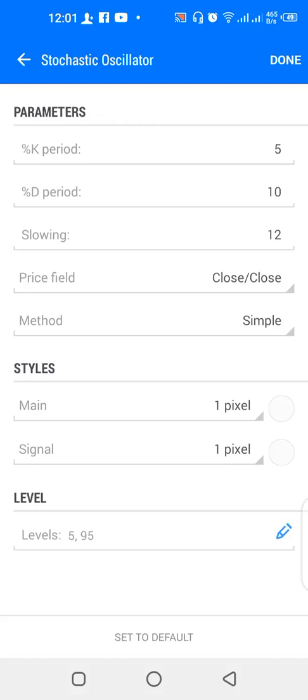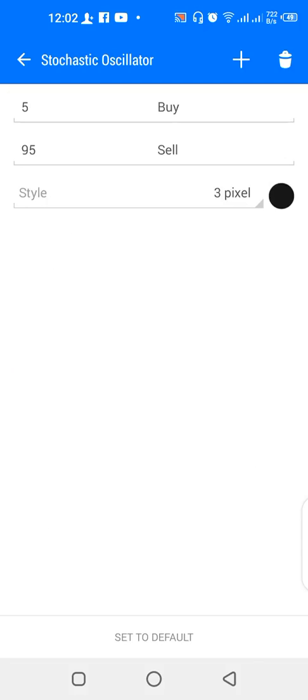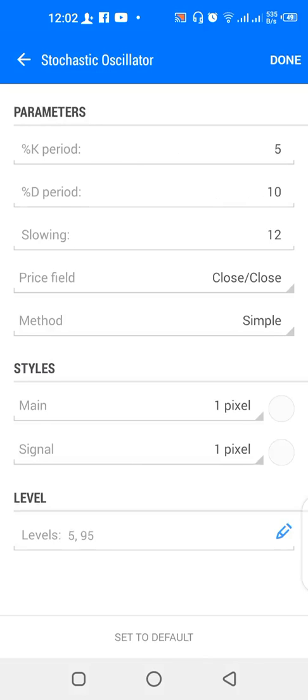We have percentage K period to be 5, percentage D period to be 10, slowing is 12, price field is close, method is simple, of course no color, but for the level, we have 5 and 95. Okay, and the color is black.